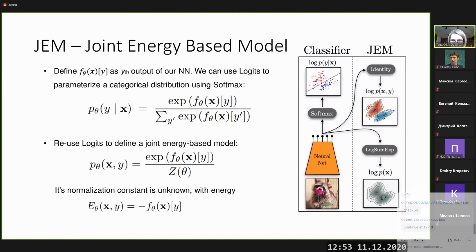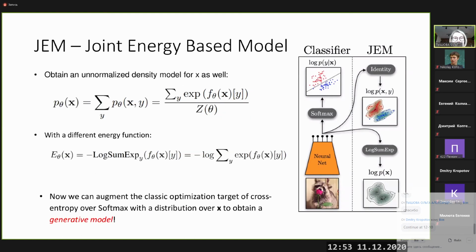After that, since we have obtained our joint probability distribution, we can obtain the probability distribution over x. In order to do that, we just marginalize the joint probability distribution over the values of y. And once we have done that, the energy function for the probability of x is different now.